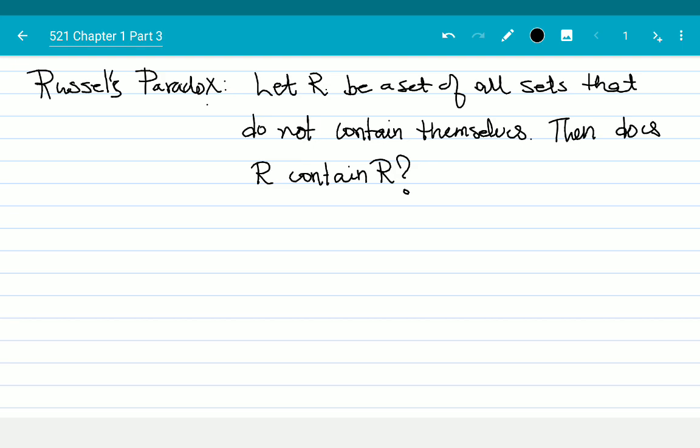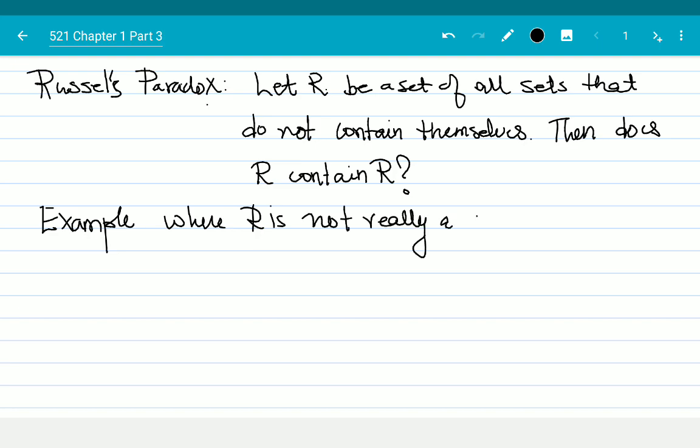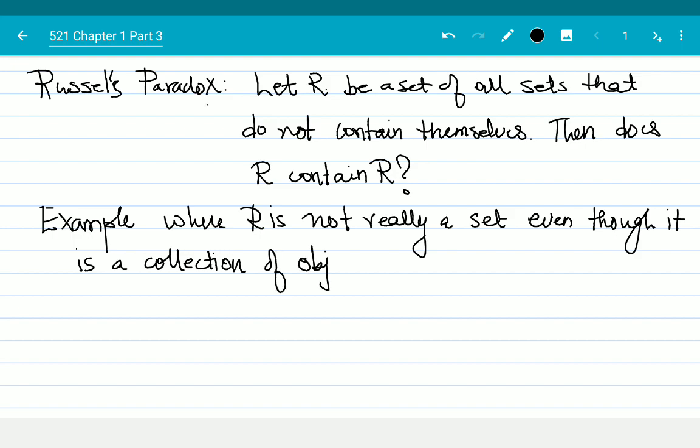However, if R does not contain itself, by its defining property, it should have contained itself. So this is an example where R is not really a set, even though it is a collection of objects.